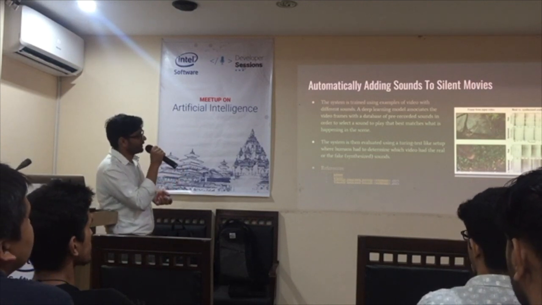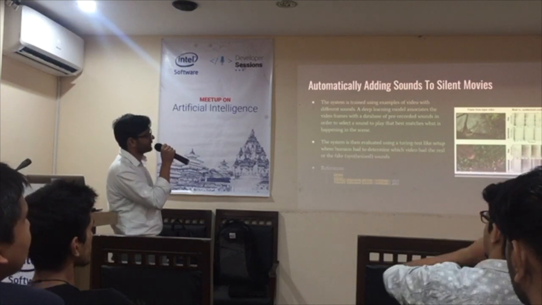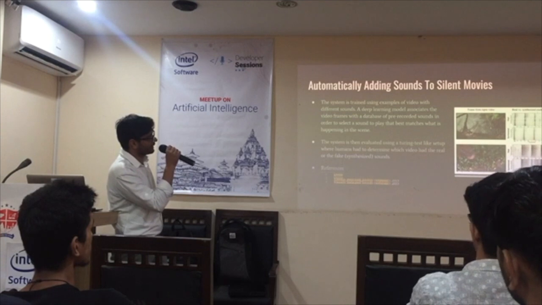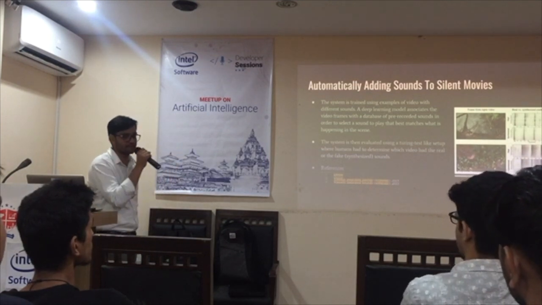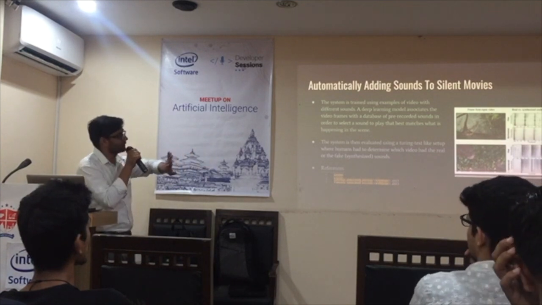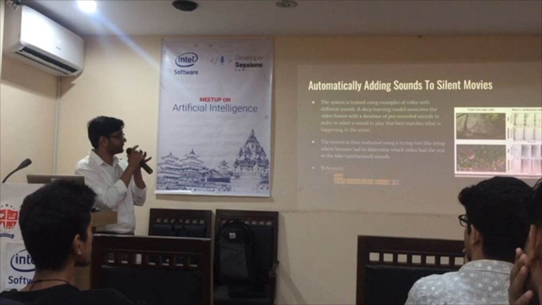A deep learning model associates the video frames with a database of pre-recorded sounds in order to select the sound to play that best matches what is happening in the scene. So it is given a muted video, and the system will generate the sound for it.